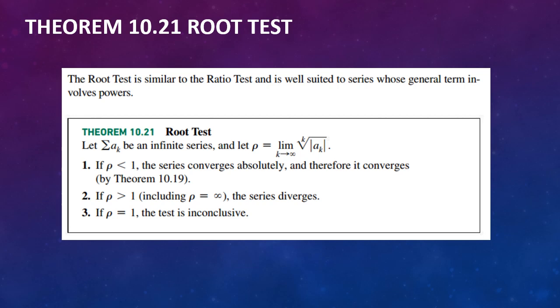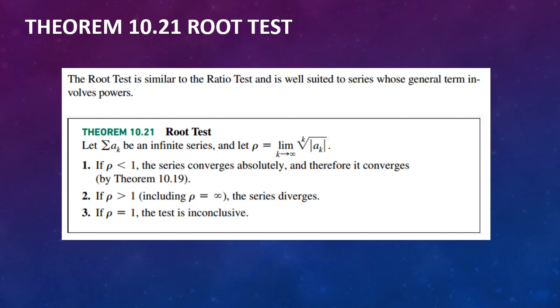Let the summation of a sub k be an infinite series, and let rho equal the limit as k goes to infinity of the kth root of the absolute value of a sub k. If rho is less than 1, the series converges absolutely, and therefore it converges by theorem 10.19.